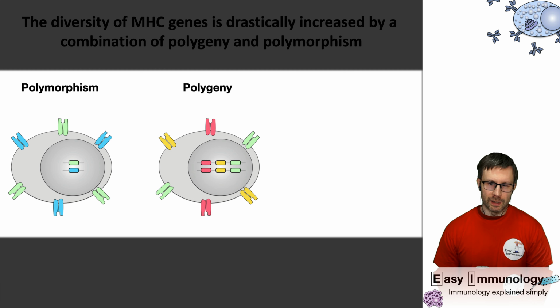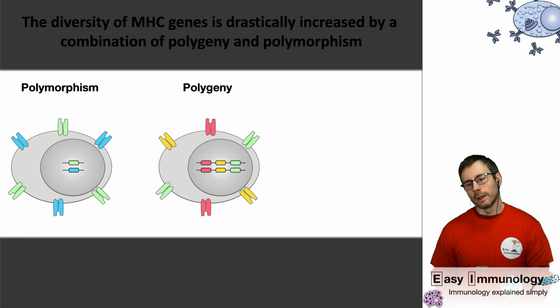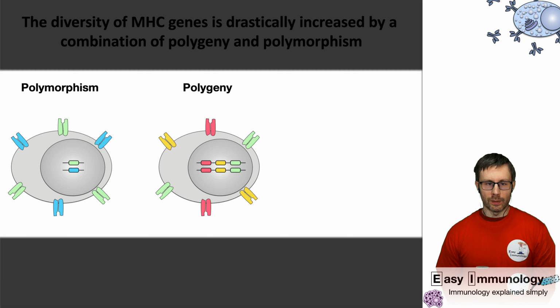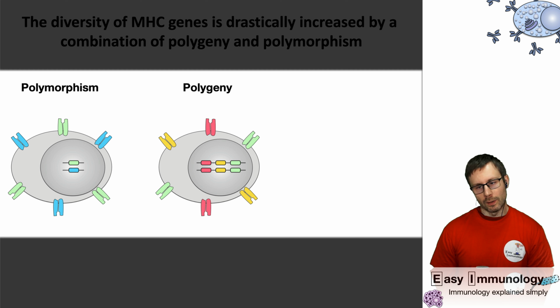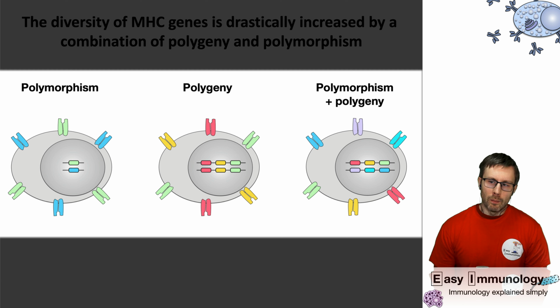Then you have polygeny, so this means you have more than one gene for a certain function. You can have a red one, a yellow one, and a green one, and they are also expressed at the same time. Therefore you have green, red, and yellow molecules on your cell. And if you combine both mechanisms, polymorphism and polygeny, you can have even more.